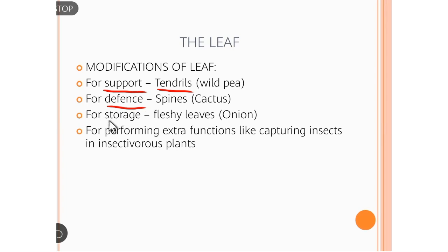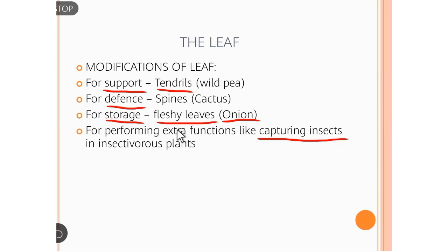Now the third one is for storage. We know the example of onion, in which the edible portion is nothing but its fleshy leaves. Another case is that in certain plants like insectivorous plants, the leaves are modified in such a way so as to capture insects.